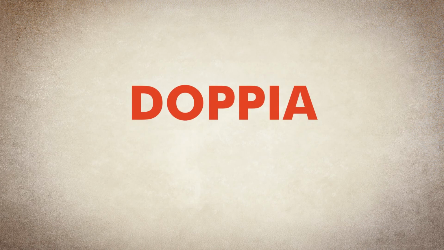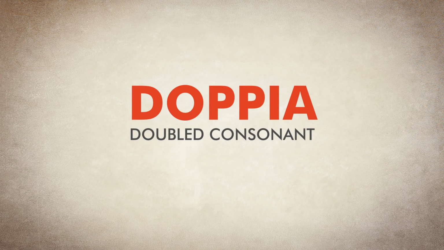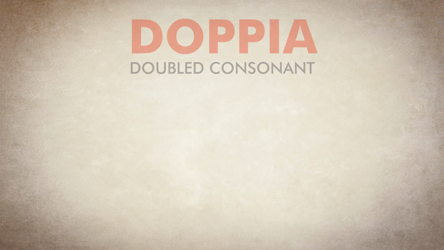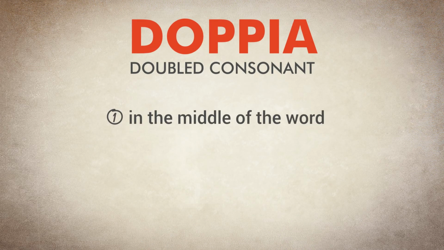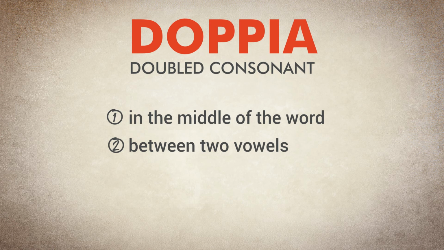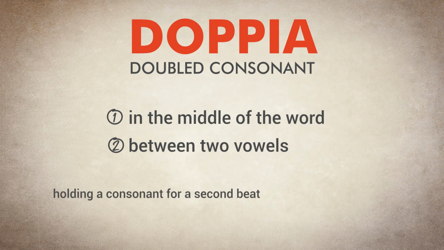And the last thing for this section would be doppia, or doubled consonant. You will find double consonants in the middle of the word and between two vowels. Doppia is pronounced twice, or simply holding a consonant for a second beat. You see, doppia. Can you feel the difference between these two words?